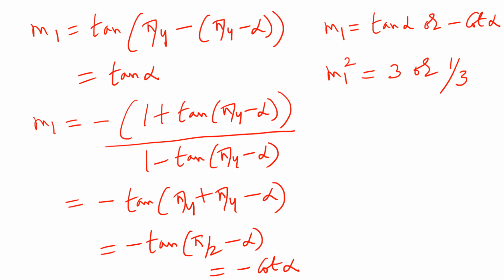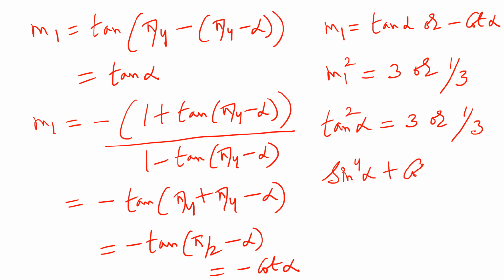Fine. Now students, from here, we can finally conclude that there are only two possible values for tan square alpha, and they are 3 or 1/3. And now to evaluate that expression, we need to find the value of sin^4 alpha + cos^4 alpha. Now sin^4 alpha can be written as 1/(cosec^4 alpha). And we know that cosec square alpha is nothing but 1 + cot square alpha.